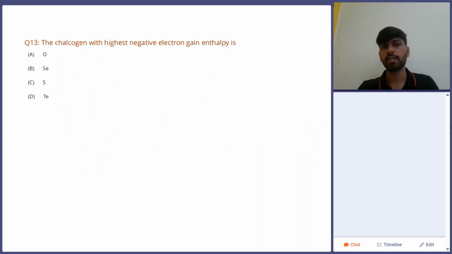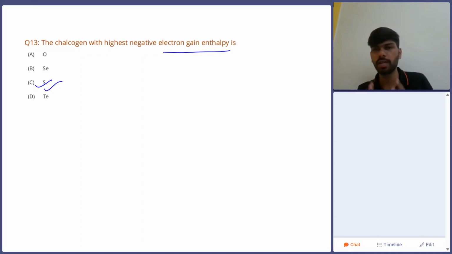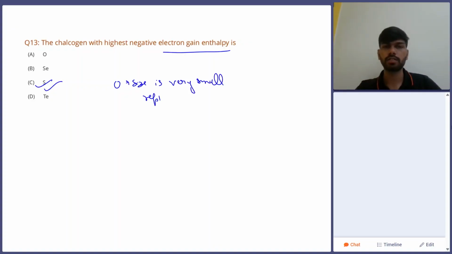So that's why option B is the appropriate answer for this question. Next question, the chalcogen with the highest negative electron gain enthalpy is sulfur, because electron gain enthalpy, as you already know, is the amount of energy released when we add an electron to an isolated gaseous atom. Generally it will come to your mind, sir, why not oxygen? Oxygen's size is very small, so there will be repulsion.